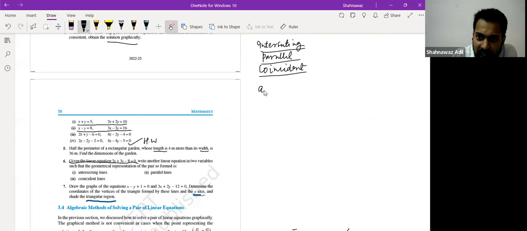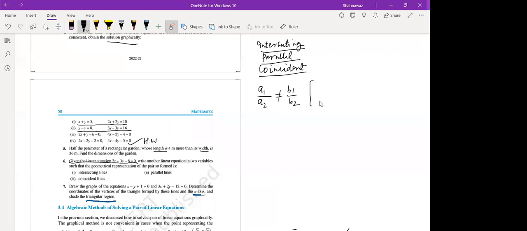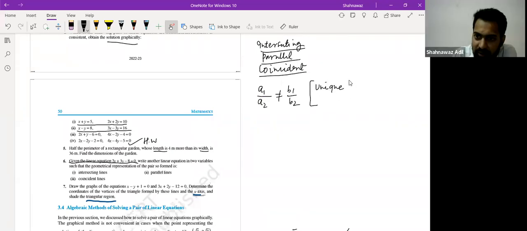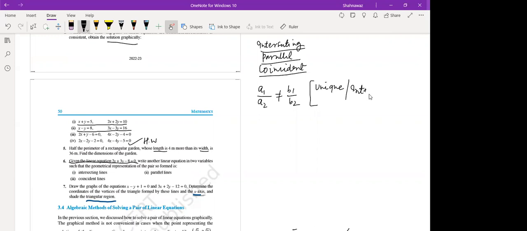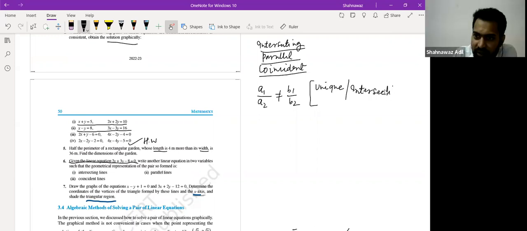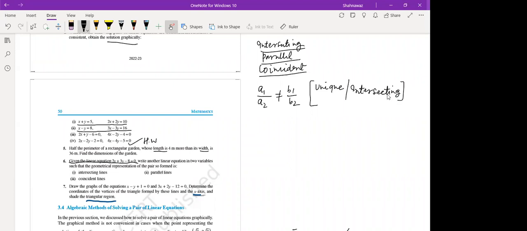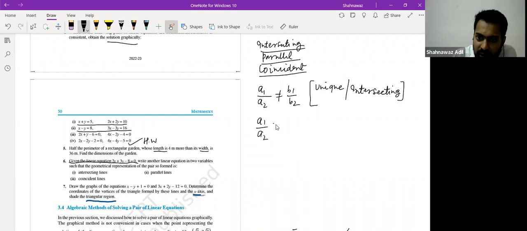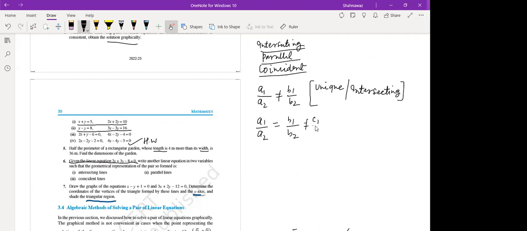Okay, so Talha and Rizwan, help me. A1 by A2 not equals to B1 by B2 is what? Unique solution, intersecting. Right, Talha? Correct. And A1 by A2 equals to B1 by B2 not equals to C1 by C2?